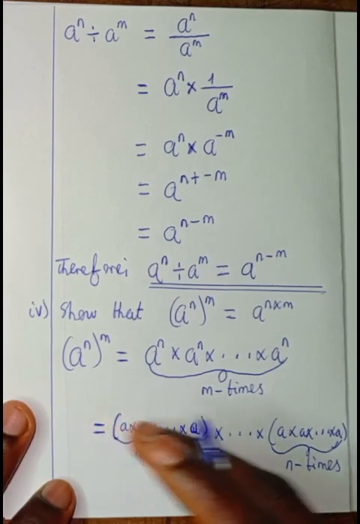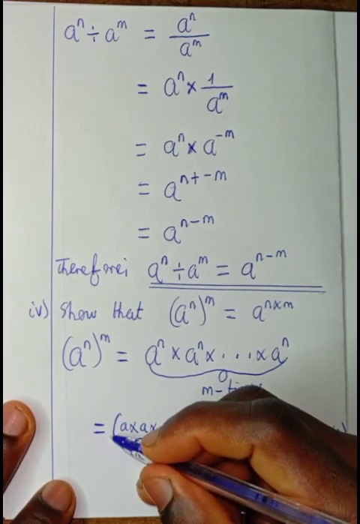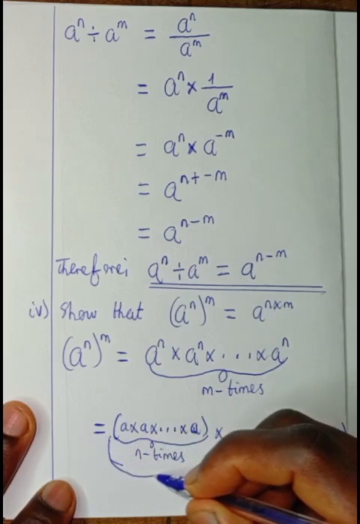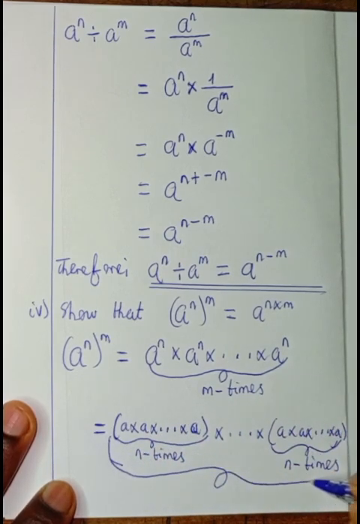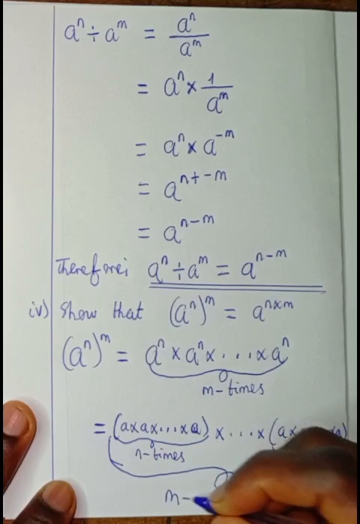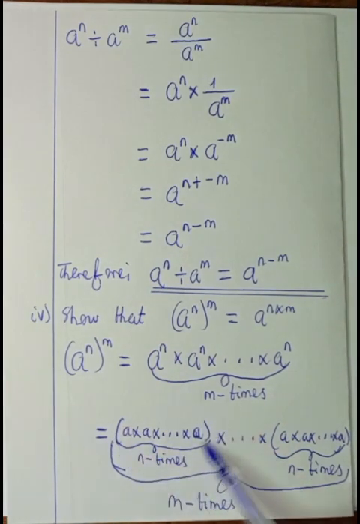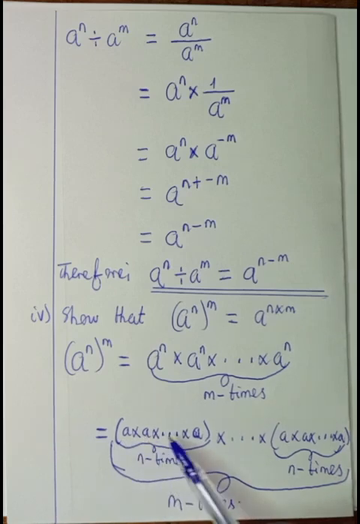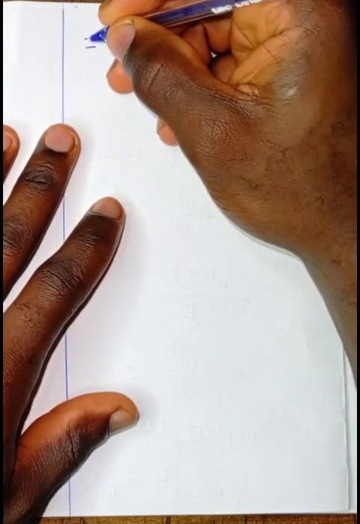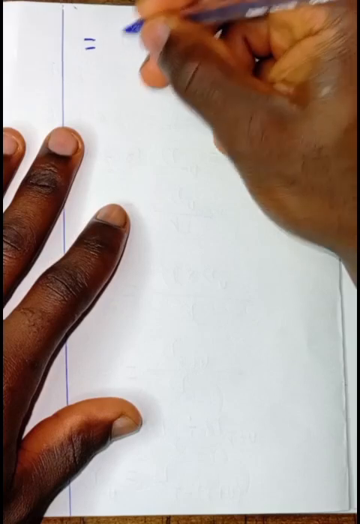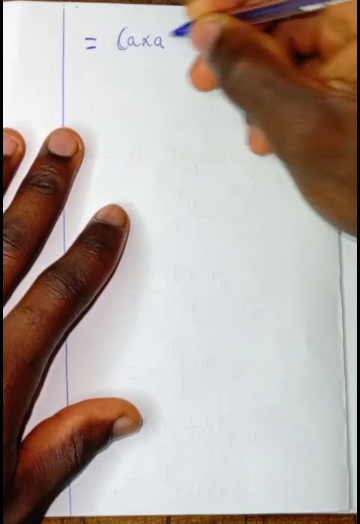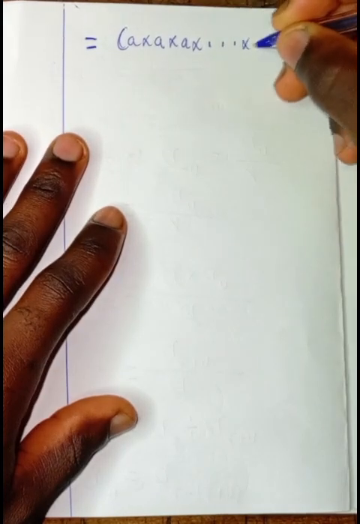Then we know we have to perform this product m times. So all this will be performed m times. So you see that we have to multiply a times 3 dots times a. This will simply be equal to a times a times a times 3 dots times a.